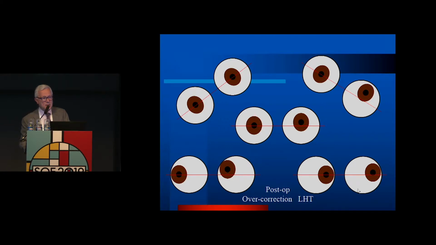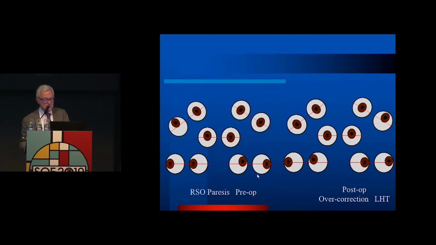So Guyton and Ellis think that this is really an overcorrection of the right superior oblique surgery. And this is why we have now a right hypotropia instead of a left hypertropia. And this is what's going on. Again, preoperatively, right hypertropia increasing with the right tilt, increasing in left gaze.